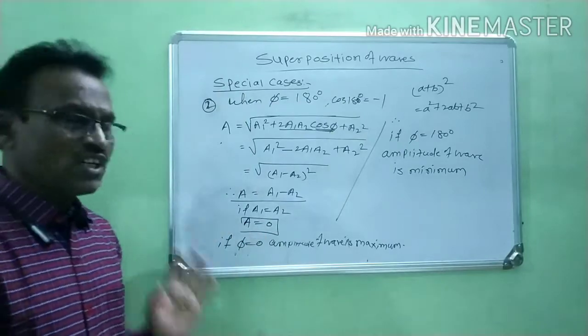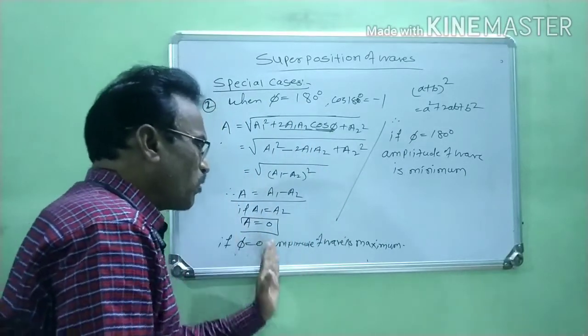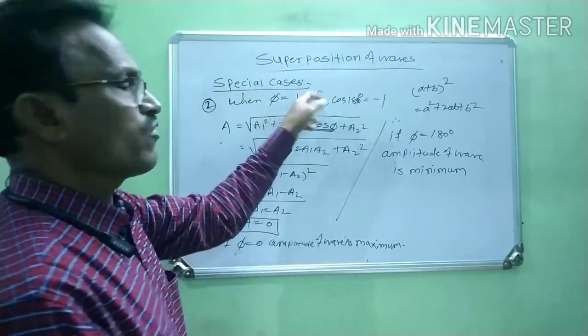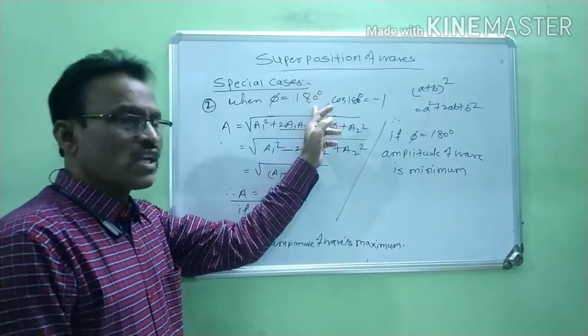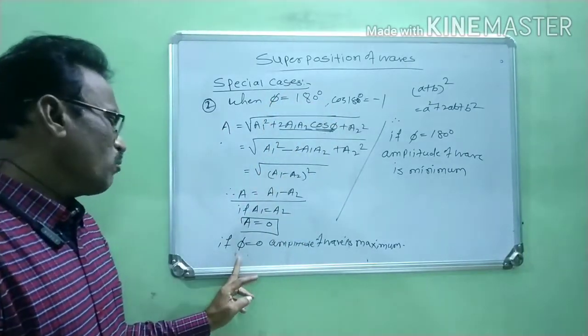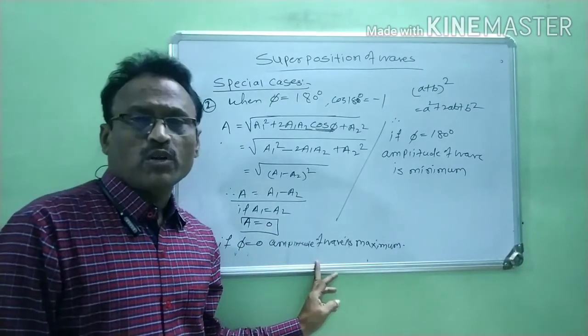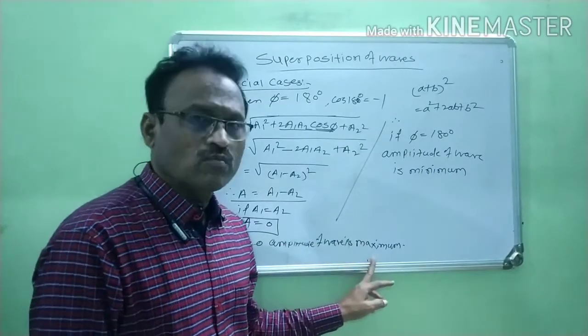Now from this it is clear that the resultant amplitude of two waves always depends upon this phase difference, right? When the phase difference is 0 degrees, at that time the resultant amplitude A is always equal to 2 times its amplitude. Means at that time this resultant amplitude of the wave is maximum, right?